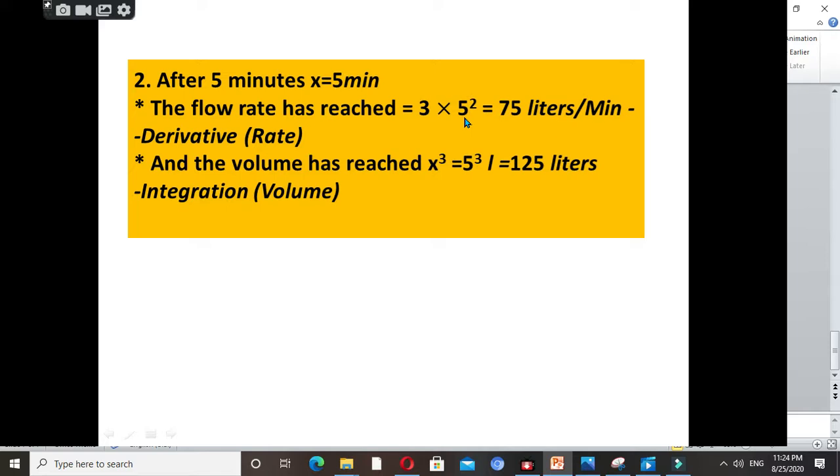So 5 square times 3 is 75 liters per minute, which is the derivative rate. And the volume has reached x cube, that is 5 cube liters. It means 125 liters. This is the volume integration.